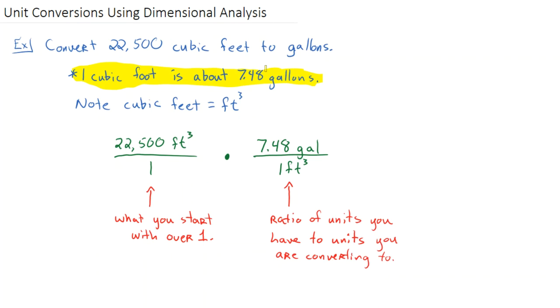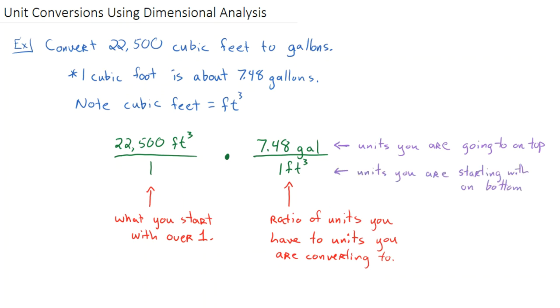Now, what goes on top and what goes on bottom varies. Here I put gallons on top and cubic feet on bottom. Sometimes that'll be switched around. The units you are going to should be on top, and the units you are starting with should be on bottom. Remember, in this problem we're starting with 22,500 cubic feet.